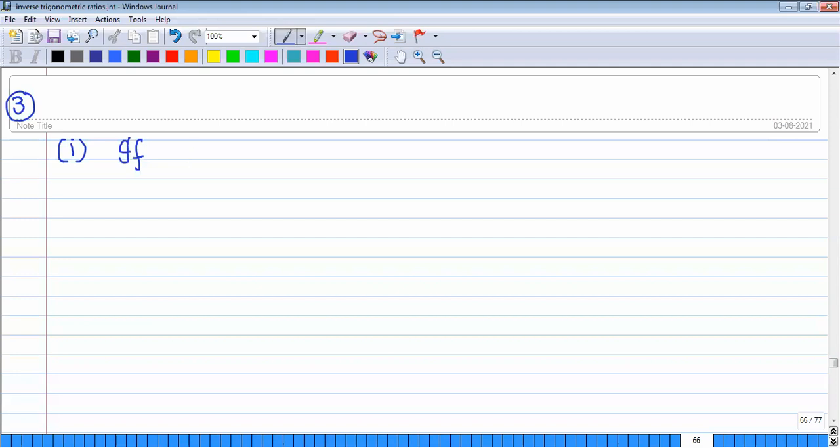If cos inverse P plus cos inverse Q plus cos inverse R equals pi, and pi is actually 180 degrees. That means these three must be angles only, A, B, C. A plus B plus C is equal to 180 indirectly.